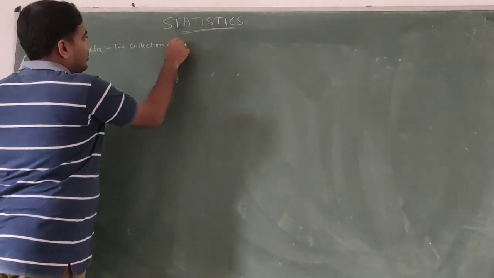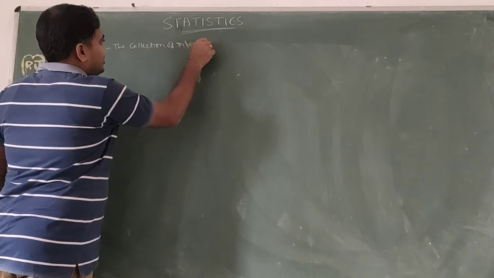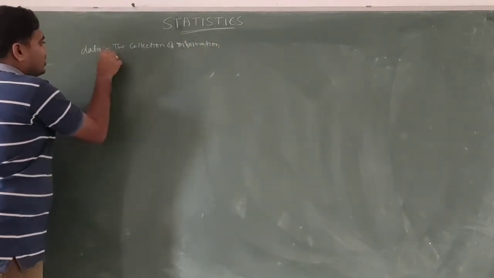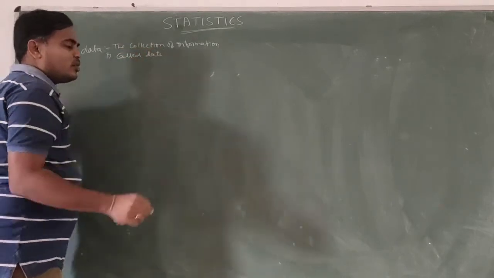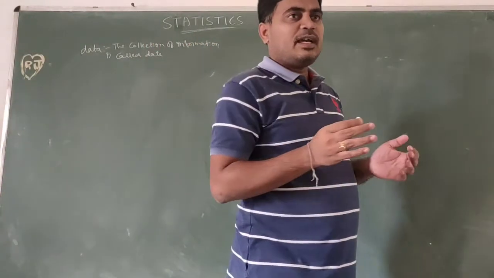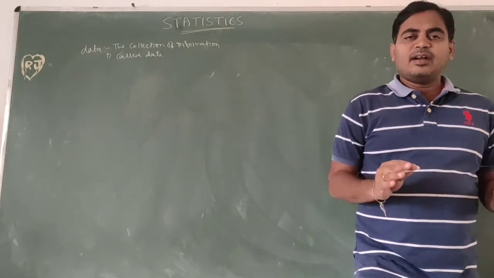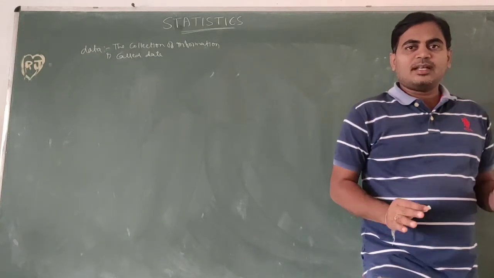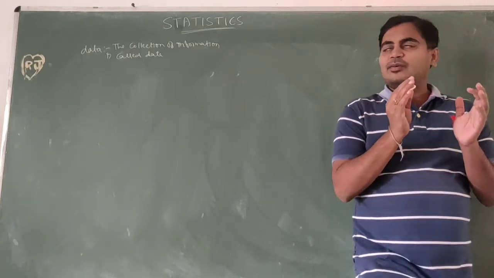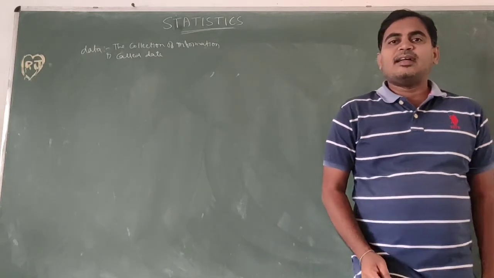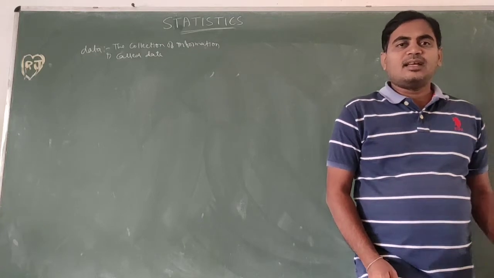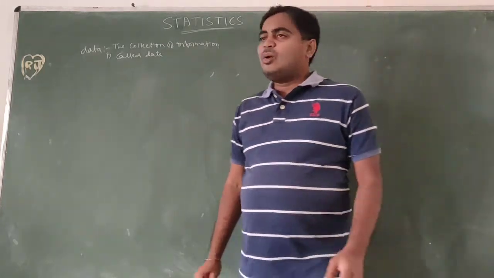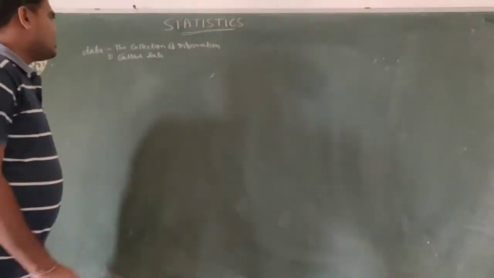If the data had been collected, either by yourself or somebody else, whatever it is, if you have some information, it is called data. Okay, the collection of the information is called data. Now there are two types of data.